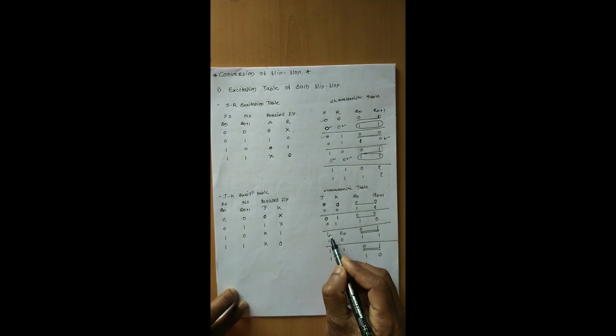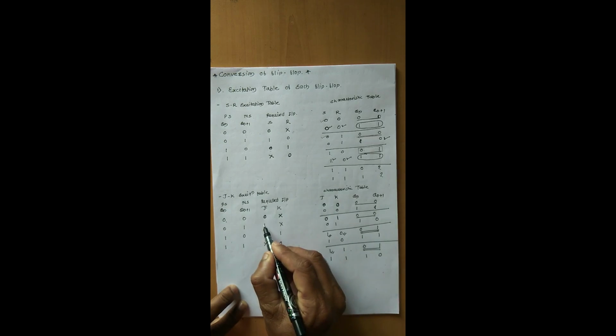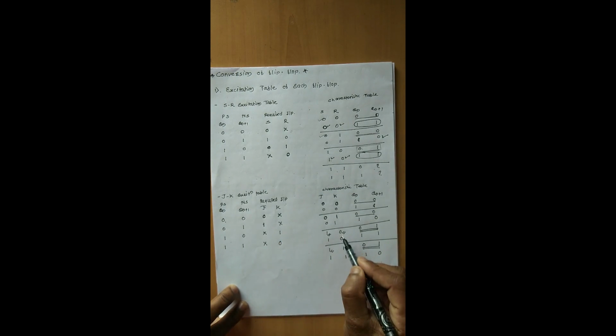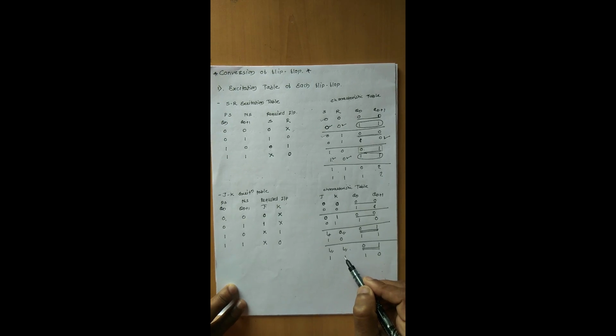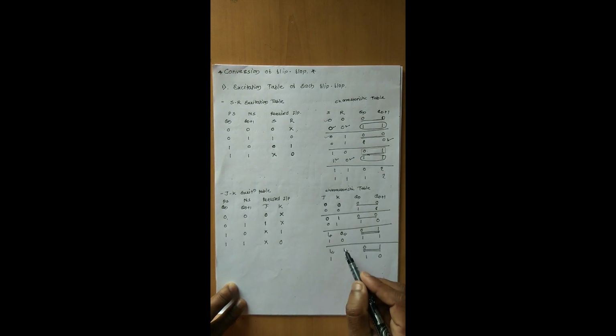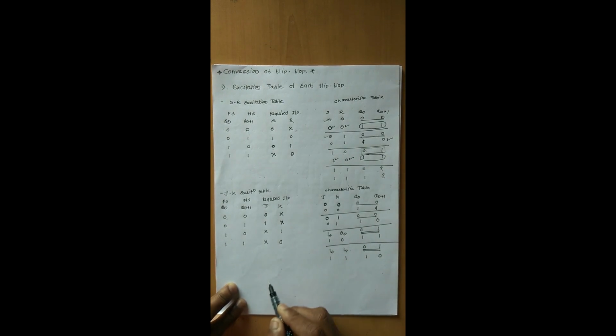So the J bit is 1 and here it is also 1, so we write 1. Now what about the K bit? The K bit value is 0 here, but the K bit value is 1 here, so the K bit is going to change. If the bits are going to change, then we write X here.